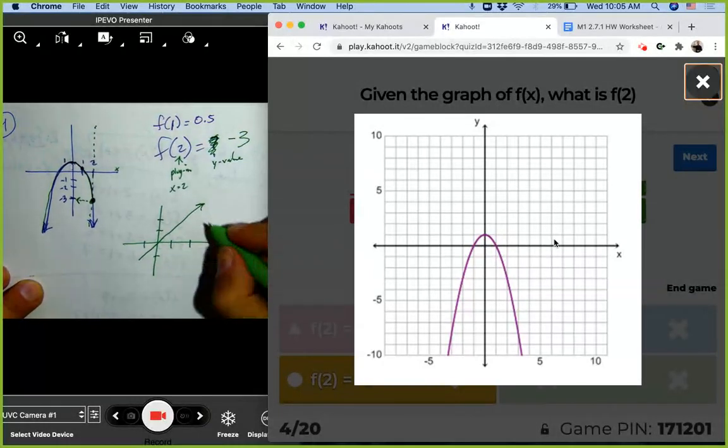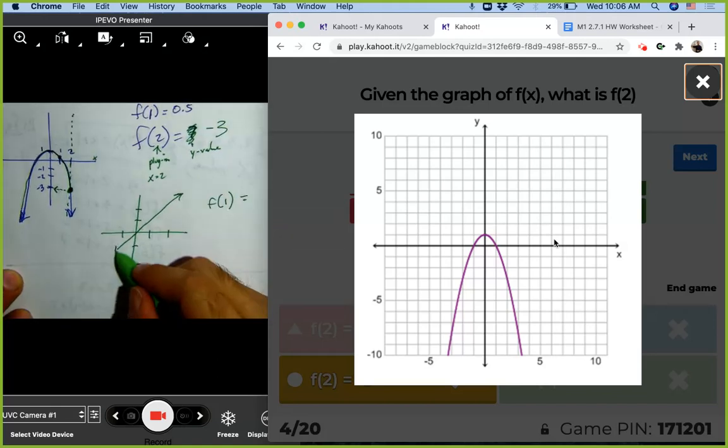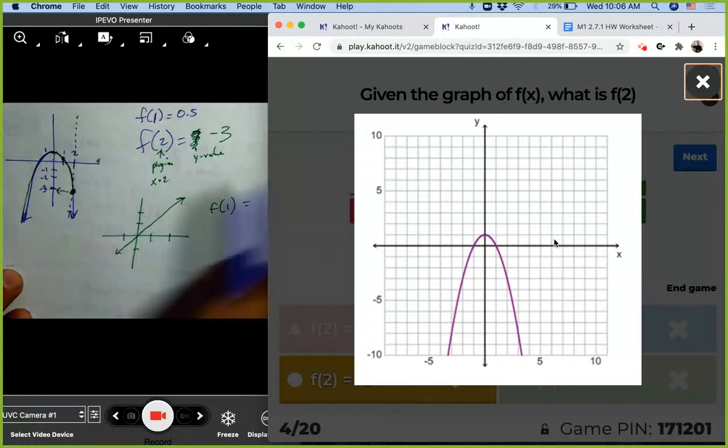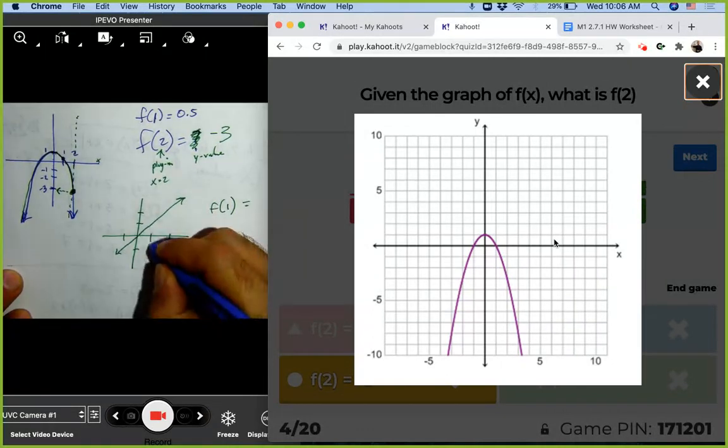All right, somebody tell me approximately what is f of 1. Tell me in the chat for this function here. What is f of 1 approximately? Somebody in the chat tell me. I go over here to x is equal to 1, and I make a dashed line if that helps you visualize it.